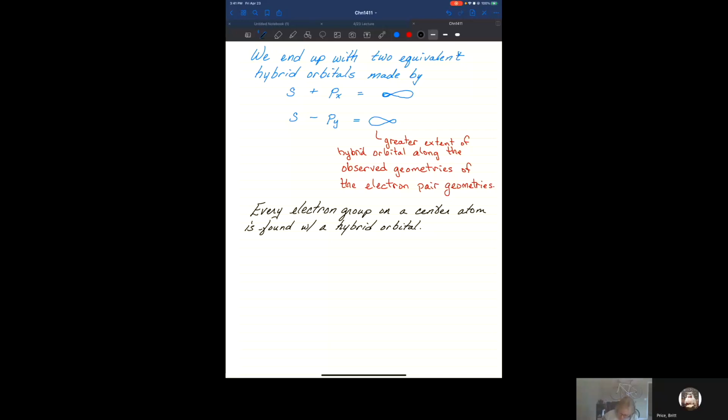If I have the linear electron pair geometry, so I have EPG, electron pair geometry is linear, that means that it is two groups.